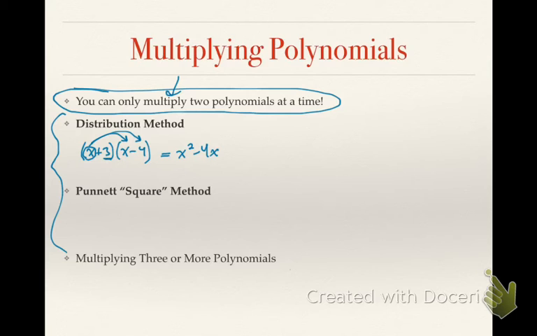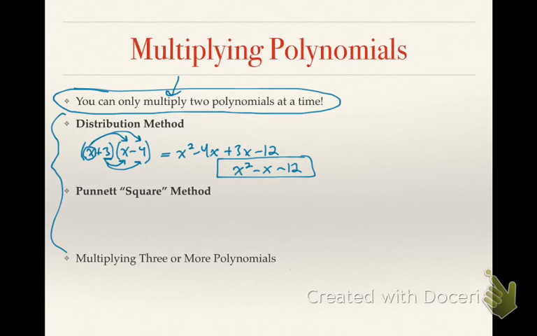Then I took the next term of my polynomial and distributed it to the two terms of my next polynomial, leaving me with plus 3x minus 12. And then you just combine like terms. So it gives you x squared minus x minus 12.